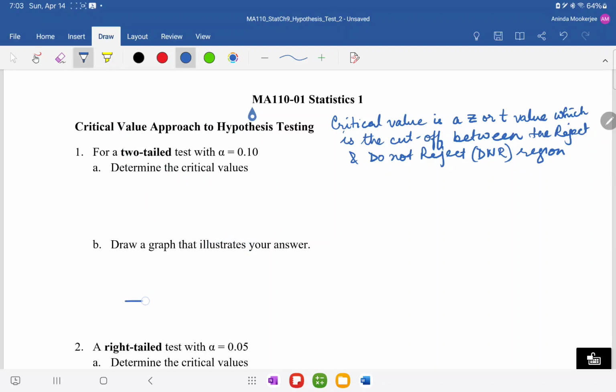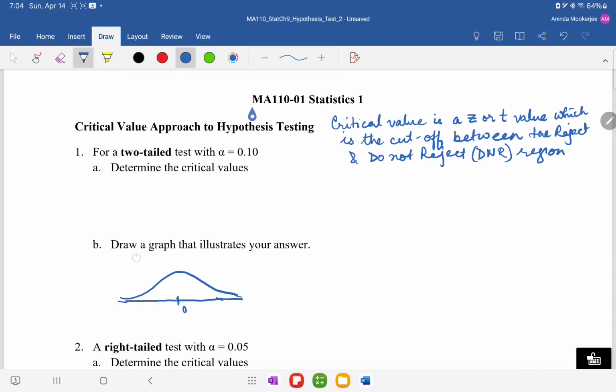So we have our graph, which is a standard normal curve, and under the standard normal curve we have z values, and the null hypothesis mean is going to be located at the center. In a two-tailed test, the reject regions will be on both ends of the curve.